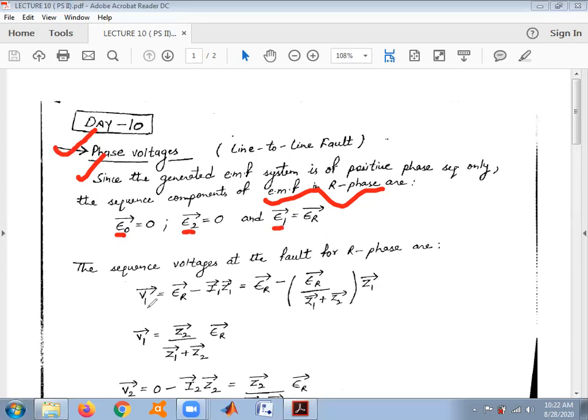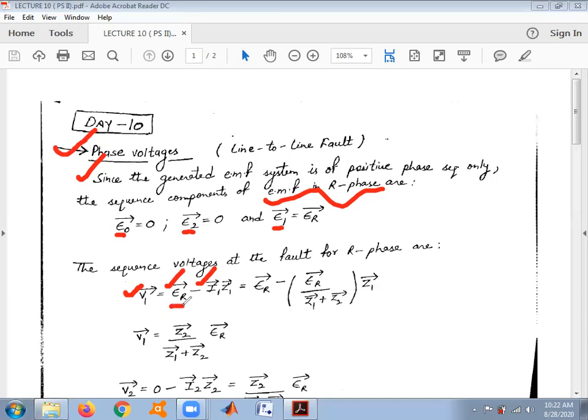The sequence voltages at the fault for R phase are V1. The voltage drop across the section is the EMF generated minus the voltage drop across the impedance.